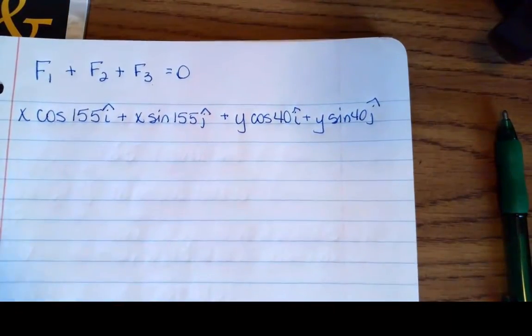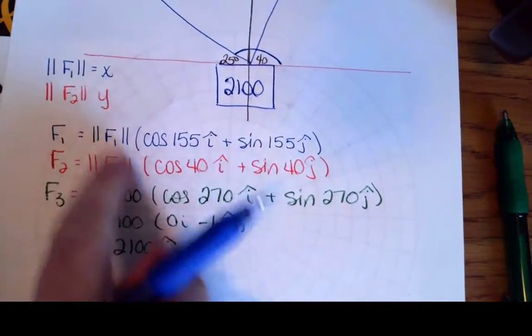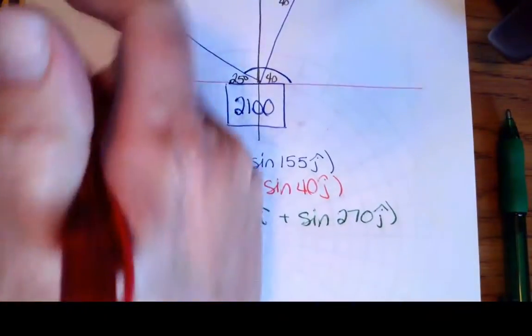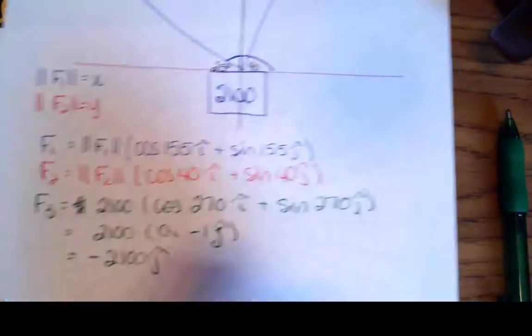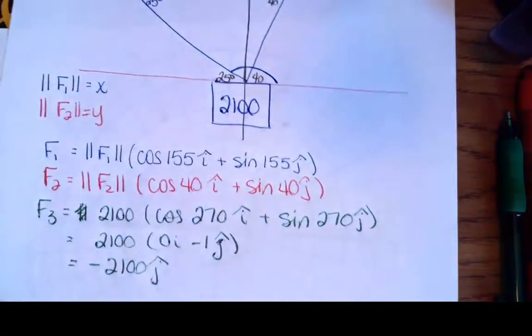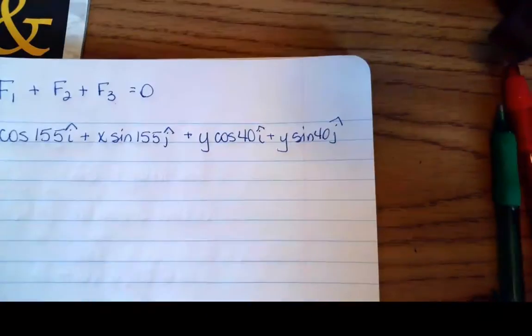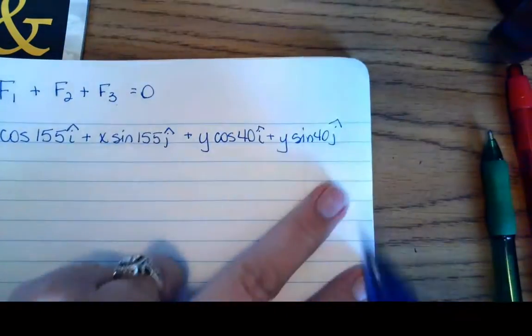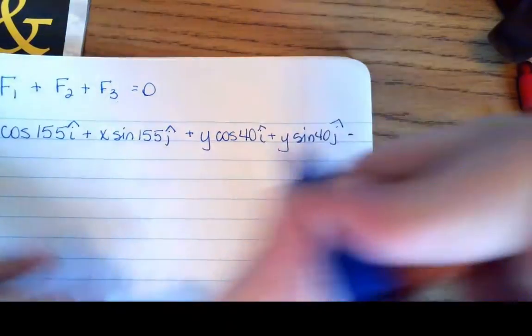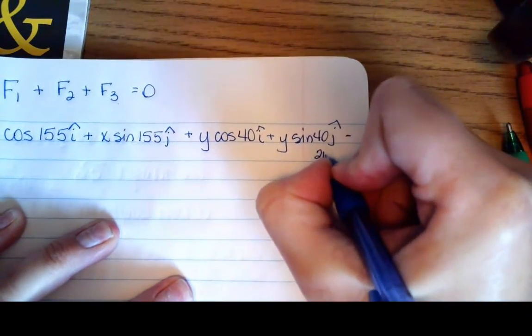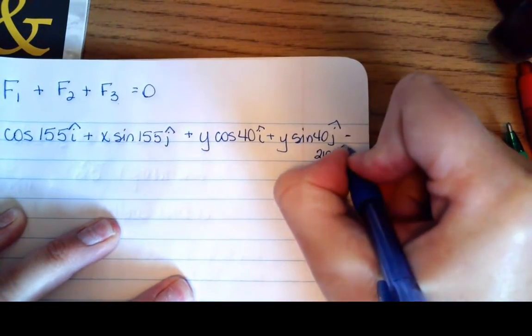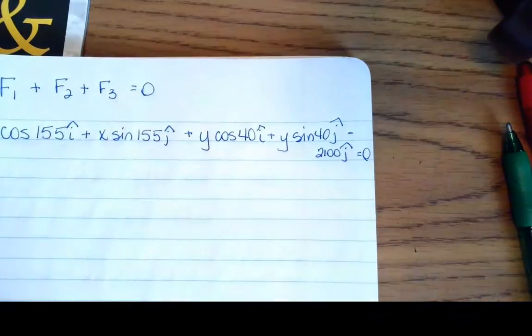So that is force 2. I took Y because I'm just using substitution. Forgot my equal sign. Okay, so Y times cosine, Y times sine. And then I need to add that third vector, which is going to be minus 2,100 on J. And all that needs to equal 0.